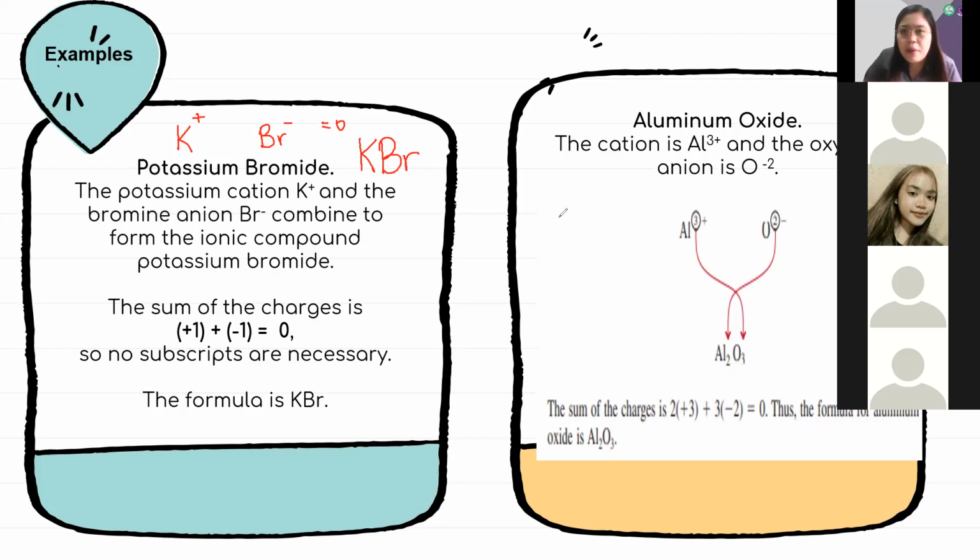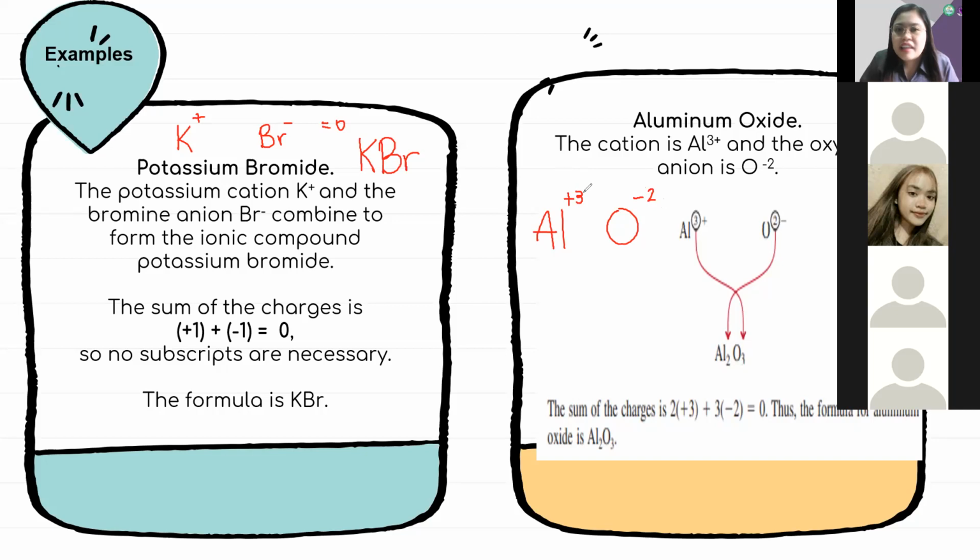Now another example, aluminum oxide. Aluminum is Al, oxide is O. Kasi oxygen yan siya, change lang ang ending into IDE. And then, aluminum in the periodic table nasa group 3, so that is positive 3. And oxygen is negative 2.